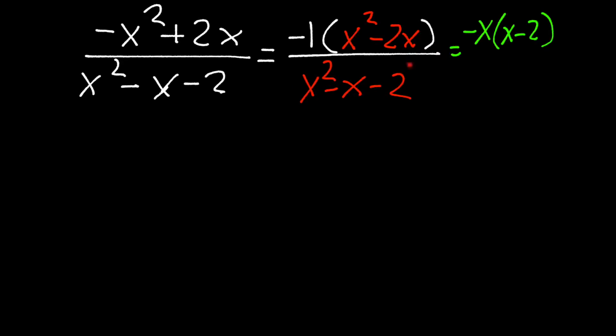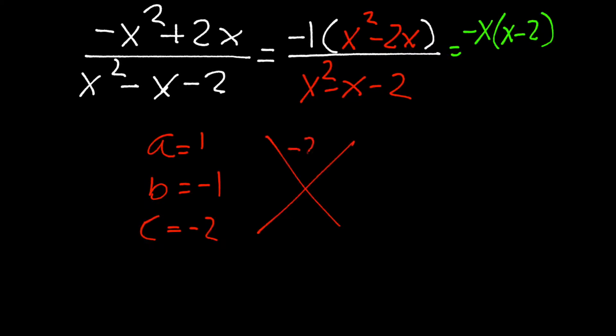For the bottom, we're going to do the diamond method just like we did in the previous examples. So a is 1, b is negative 1, c is negative 2. 1 times negative 2 is negative 2. B is negative 1. What's going to multiply to negative 2 but add to a negative 1? Why, negative 2 times a positive 1, of course.